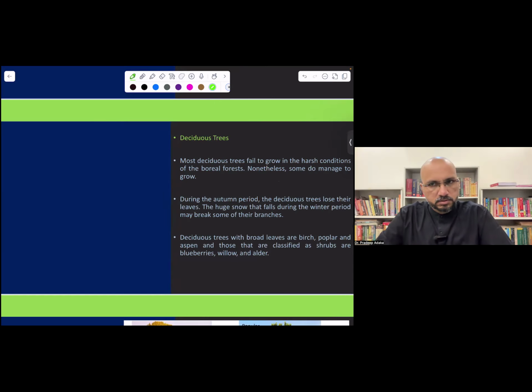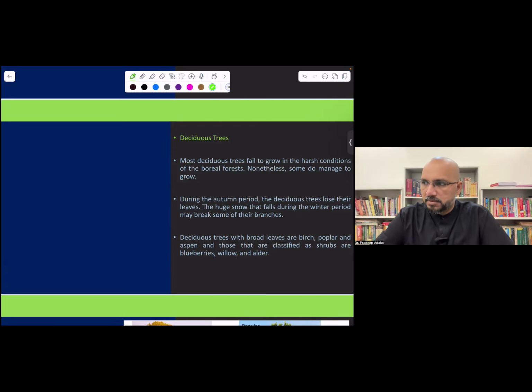So these gymnosperms, spruce, pines, and larches, are evergreen trees. These are the conifers. But in the taiga biome, you also have some deciduous trees. It is not the case that all of them are only coniferous trees. They also have some deciduous trees which shed their leaves.